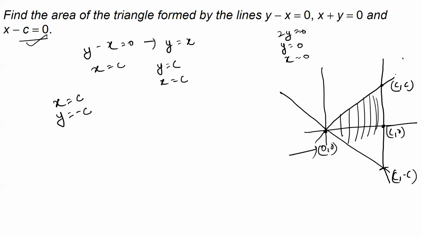These are the 3 vertices of the triangle, and from the very first video on the basics of coordinate geometry, we can find out the area of this triangle. So I leave it to you as an exercise to find out the area of this triangle. If you haven't seen the video on basics of coordinate geometry which discusses how to find out the area based upon the vertices of the triangle, please go and watch that and come back again to this video.